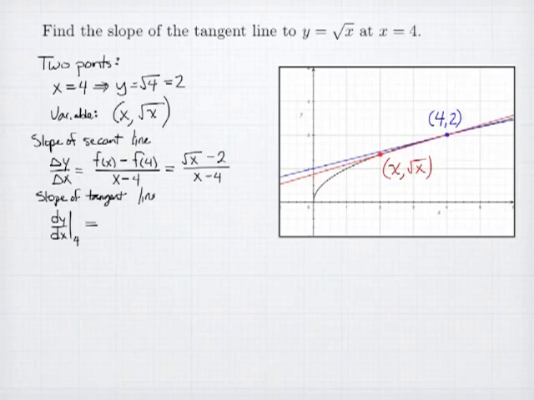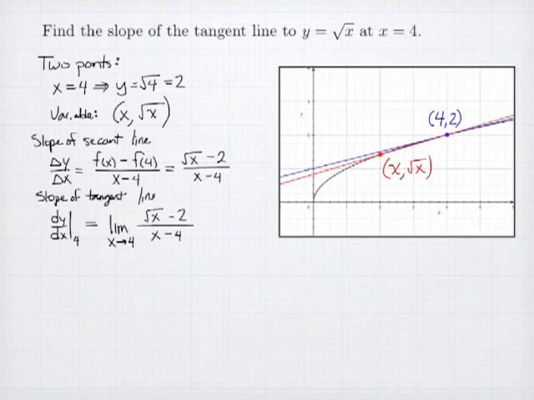We represent that in calculus by saying we're taking a limit as that second point x approaches the point 4. We're computing the limit of a particular quantity, the slope, which is given by the square root of x minus 2 over x minus 4.